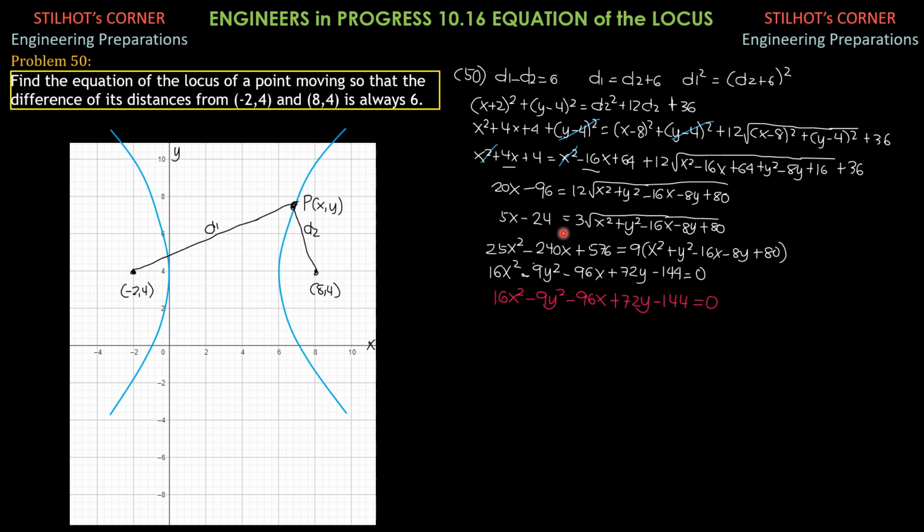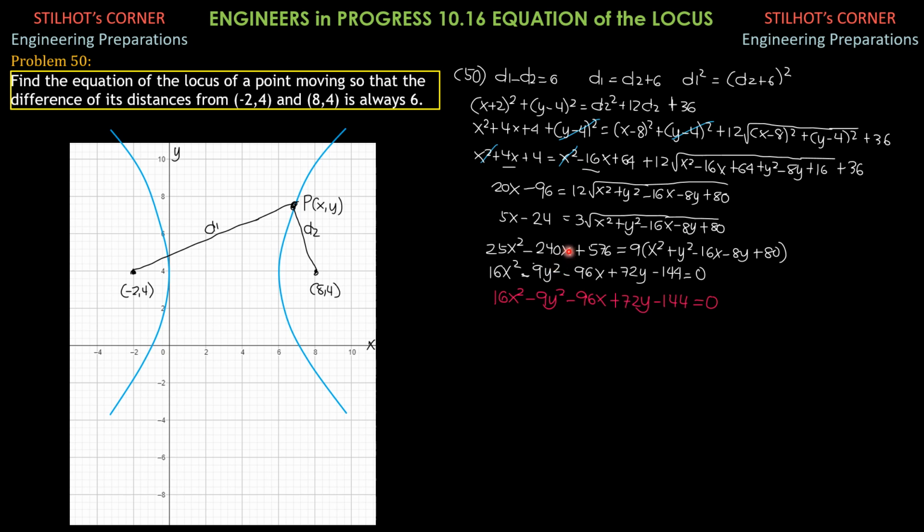Quantity negative 24 squared is 576. 3 squared is 9, then we copy terms inside. 25x squared minus 9x squared is 16x squared. Then we have 9y squared on the right side of the equation. Transfer it to the left, so it becomes negative 9y squared.